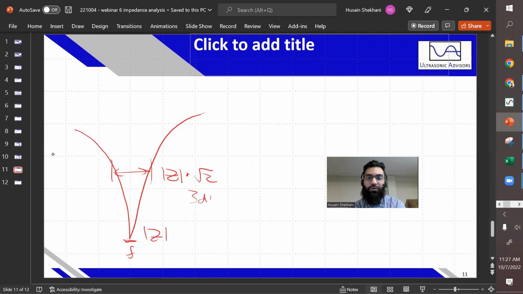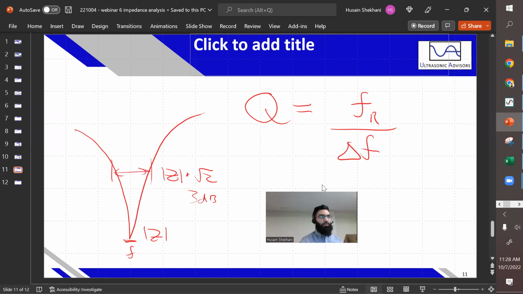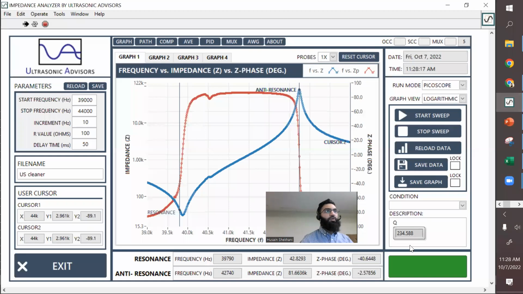That's basically just the conversion. That frequency difference gives the quality factor, a non-dimensional number, which is the resonant frequency divided by the bandwidth. I think we're all pretty familiar with this method to calculate the quality factor. In this case, as shown in the program, which calculates it by itself, it's 234.